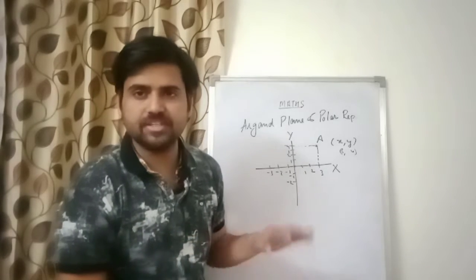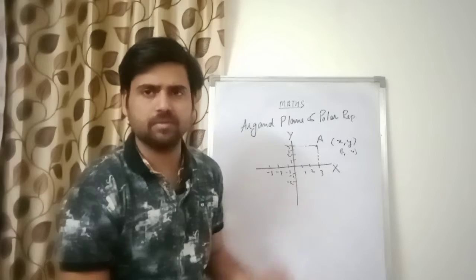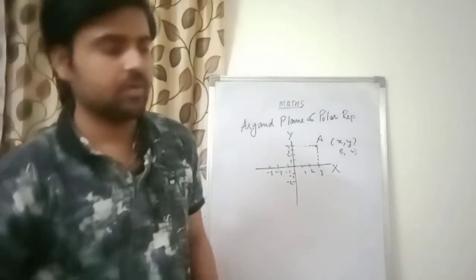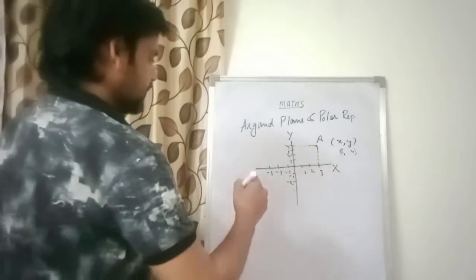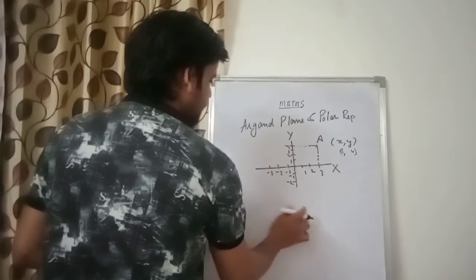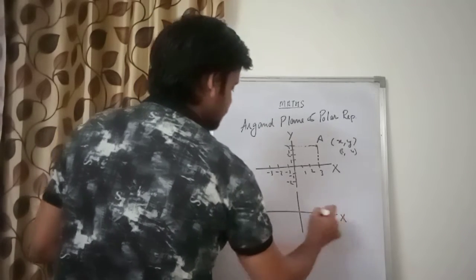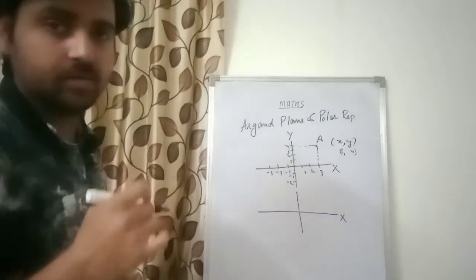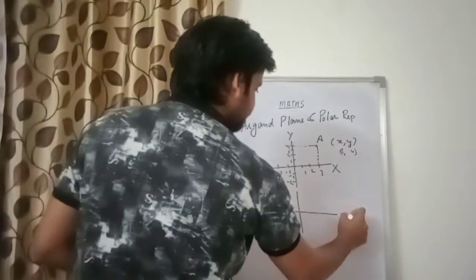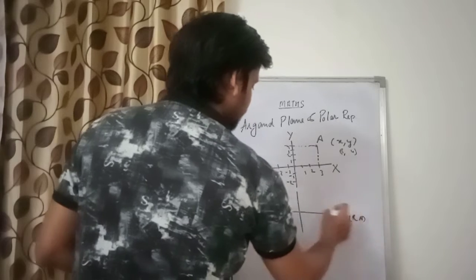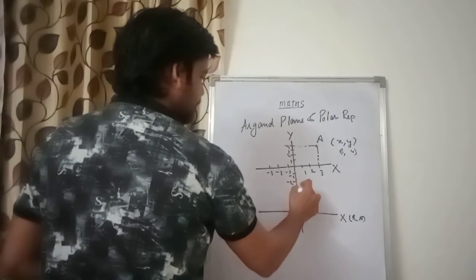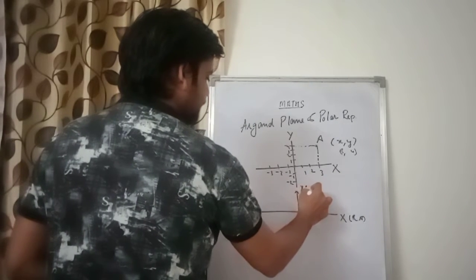So it is very similar to this Cartesian plane only. In the Argand plane, we have the x-axis. This x-axis is called the real axis, and this y-axis is called the imaginary axis.